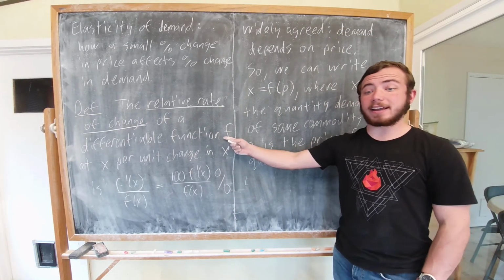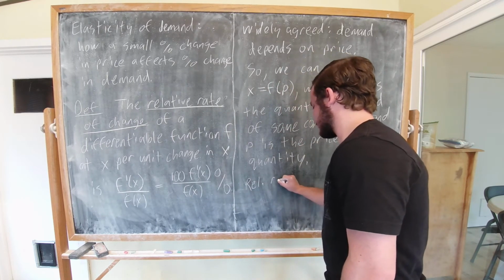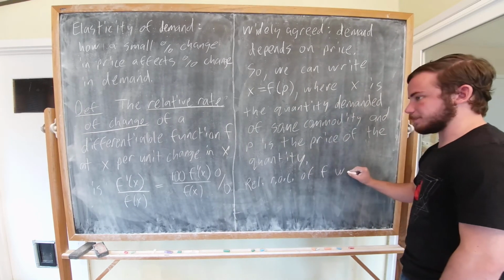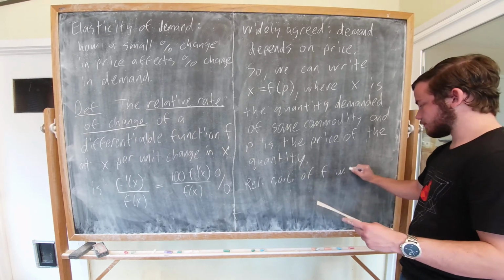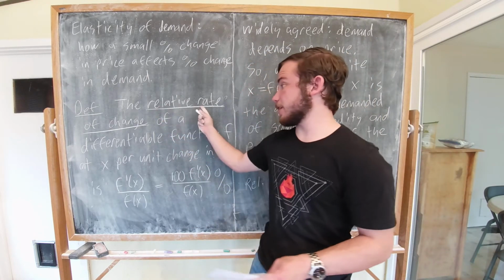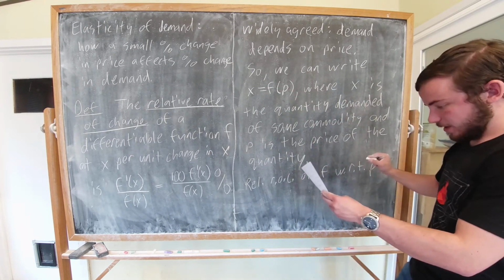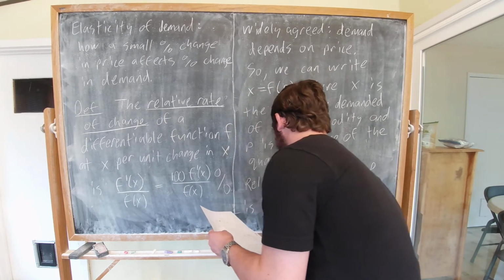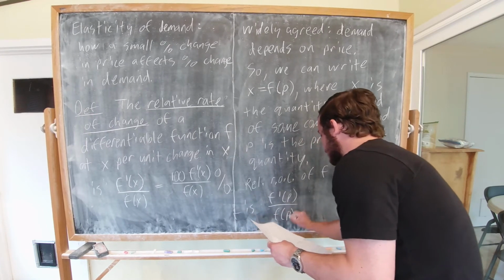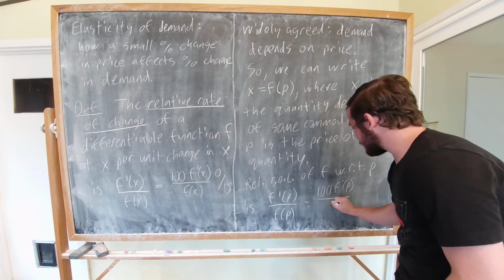Applying this definition here, the relative rate of change of our function f with respect to the variable it depends on, p, is, by definition, f prime of p over f of p, aka 100 times f prime of p divided by f of p percent.